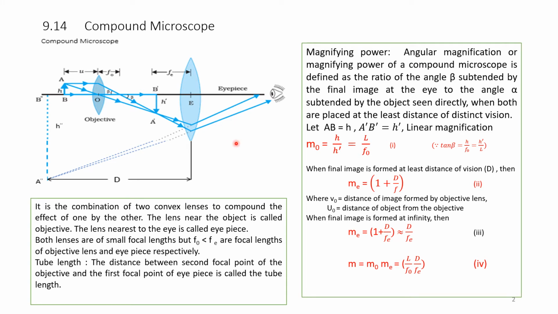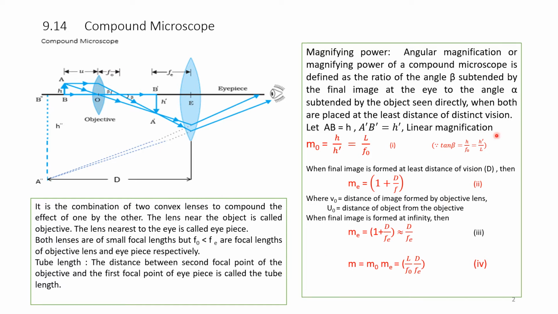Now we will form an equation for the magnifying power. Angular magnification or magnifying power of a compound microscope is defined as the ratio of the angle beta subtended by the final image at the eye to the angle alpha subtended by the object seen directly, when both are placed at the least distance of distinct vision.